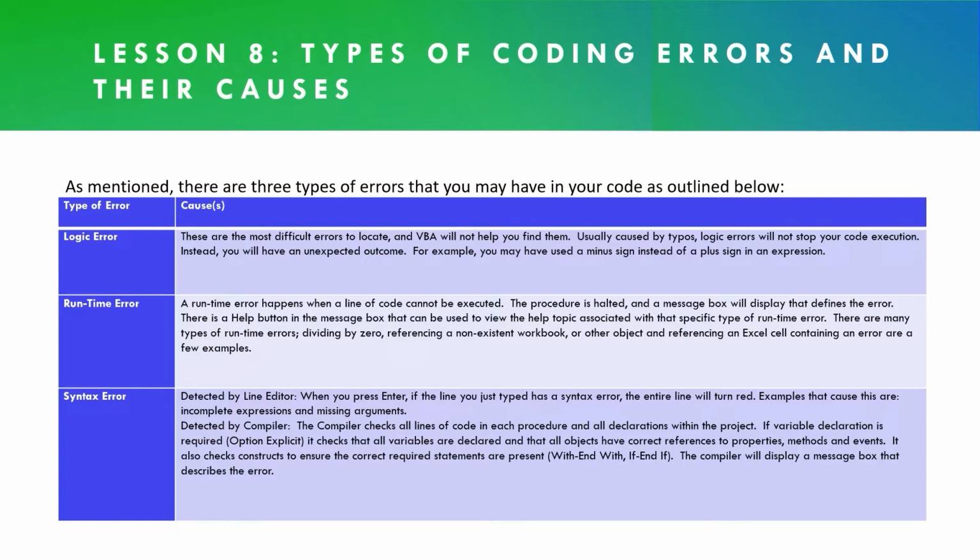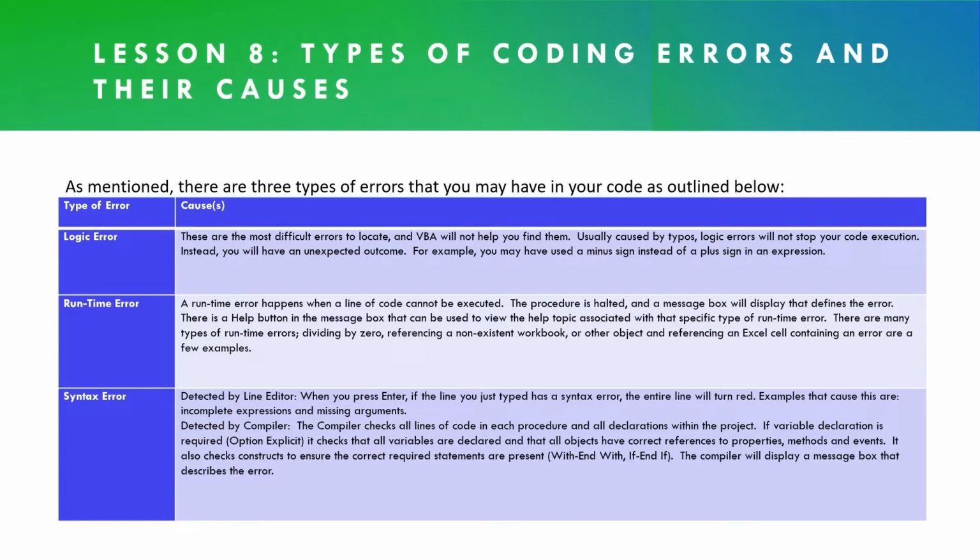And then they can also be detected by the compiler. We've been compiling our code consistently throughout the course. That is checking all lines of code in each procedure and all declarations of variables within the project.